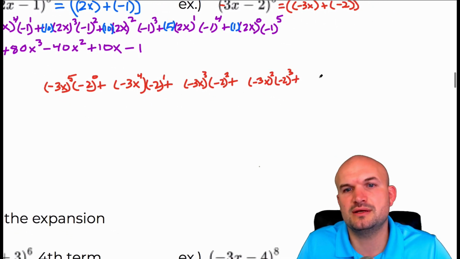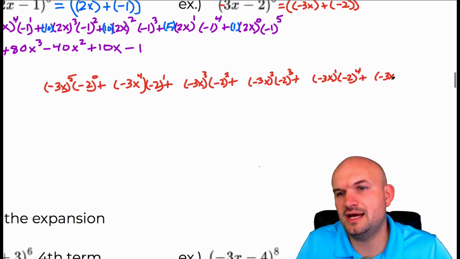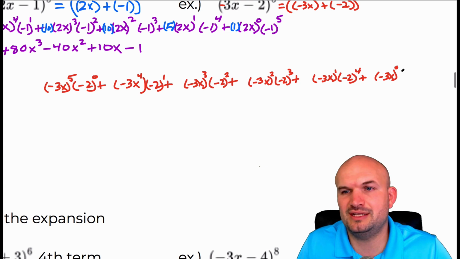No, I got plenty of space. Plus -3x to the 1st times -2 to the 4th plus -3x to the 0. And again, you don't really need to write these, but I'm just writing them in there for accounting purposes, to the 5th.